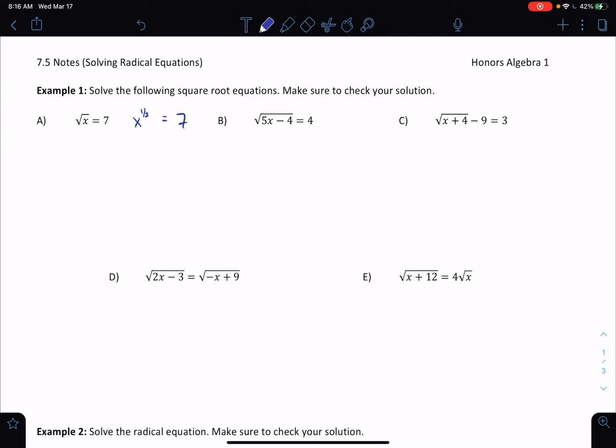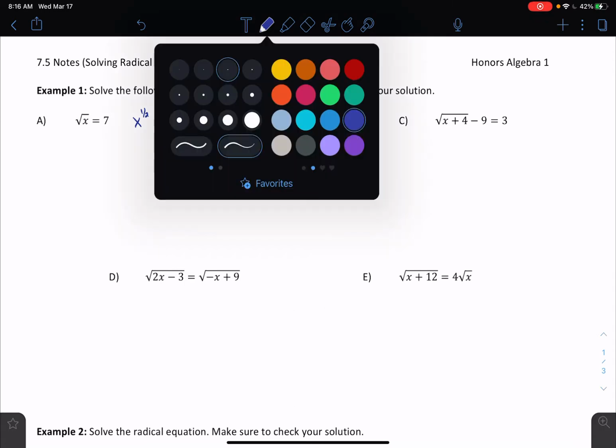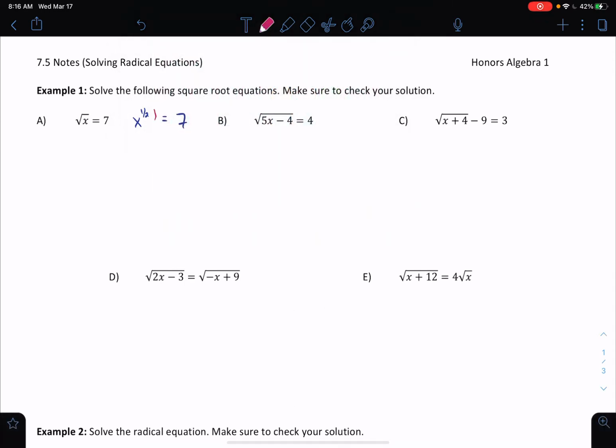All right, so one way I want you to think about it is what could I raise both sides to in order to get this x by itself, in order to get the x to just have an exponent of 1?